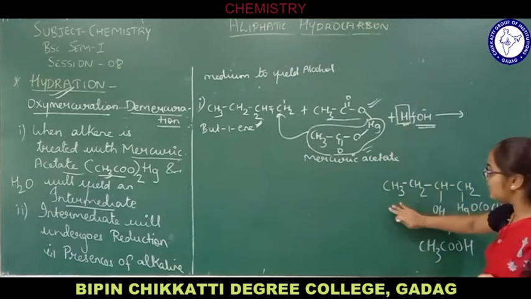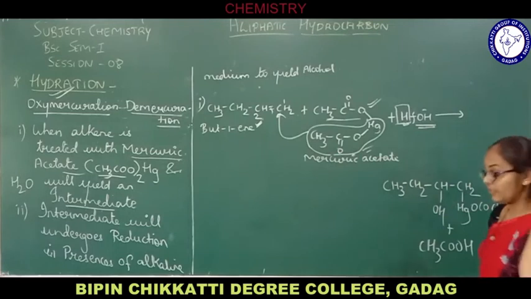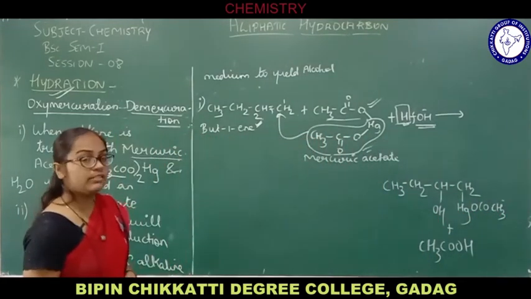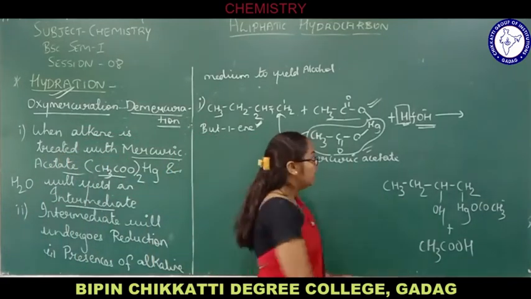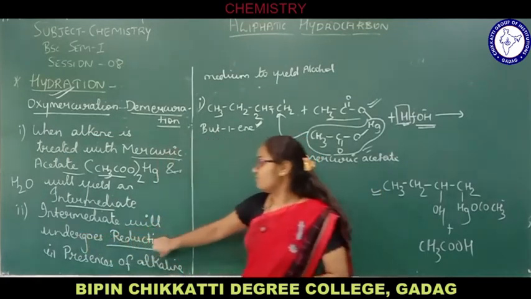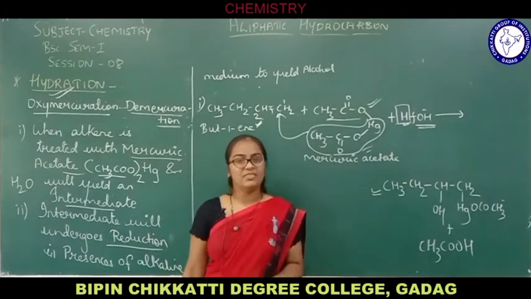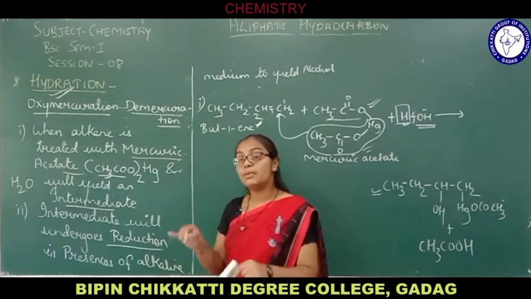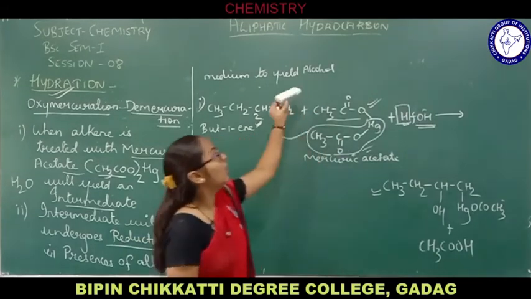Okay, so this is the formation of the intermediate, which is the first step. Now let's talk about the second step. Now in the second step, what will happen, children? The intermediate which has been formed over here will undergo reduction. Reduction means addition of hydrogen. So here addition of hydrogen will take place in presence of an alkaline medium to yield alcohol.